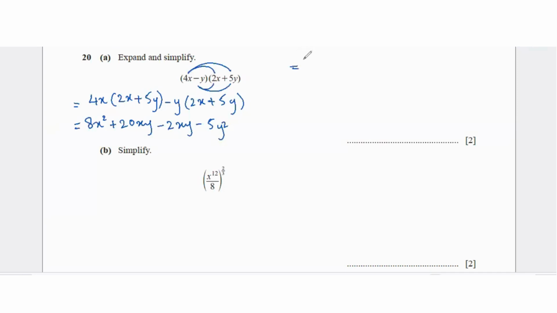Collect the like terms. 8x squared plus 18xy minus 5y squared. That is your answer.